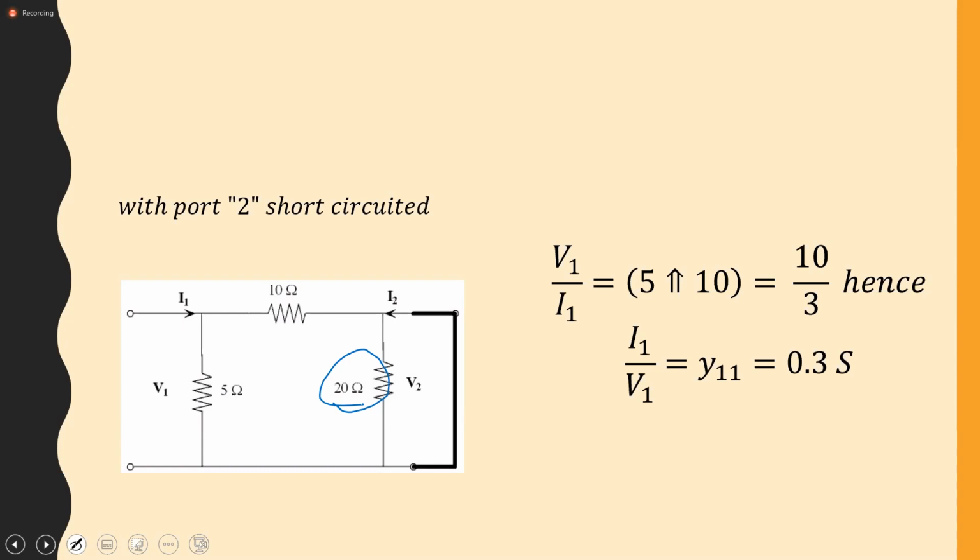So V1 over I1, which is just the impedance looking into the terminals, will be 5 in parallel with 10. Product over sum gives us 10 over 3. Of course, that will be in ohms. But what we are interested in is I1 over V1, so it's just the reciprocal of that.